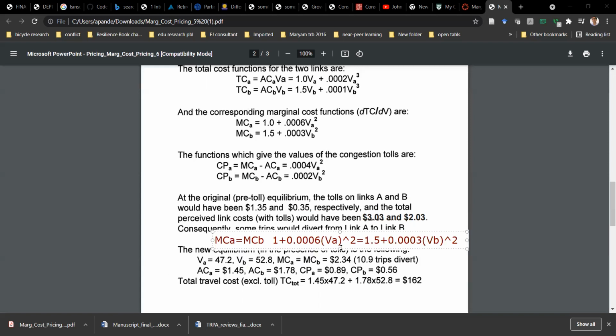Okay. Does that make sense to everybody? Any questions about this? So your new equilibrium will come.